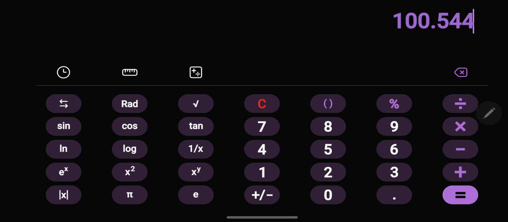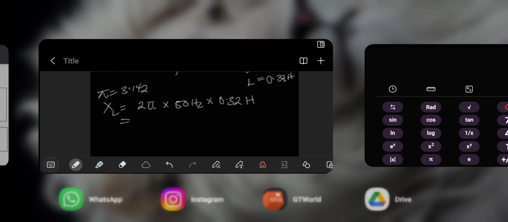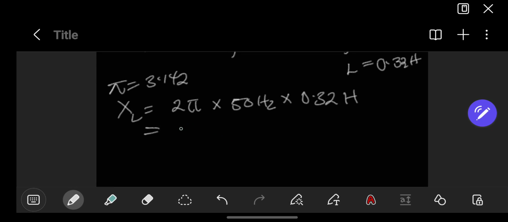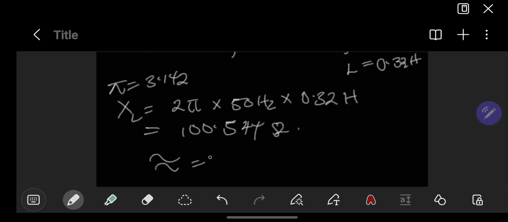So with that, we'll be having 100.544 ohms, but let's just write 100.5. We'll approximate this to 100.5 ohms, which is our final answer.